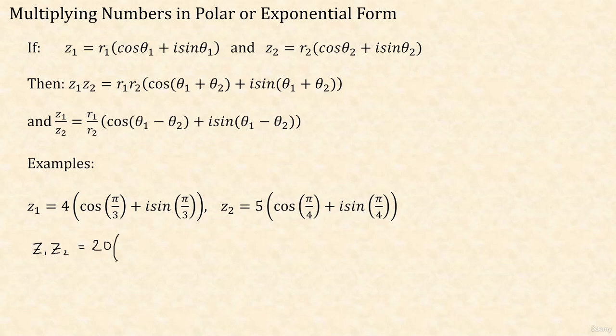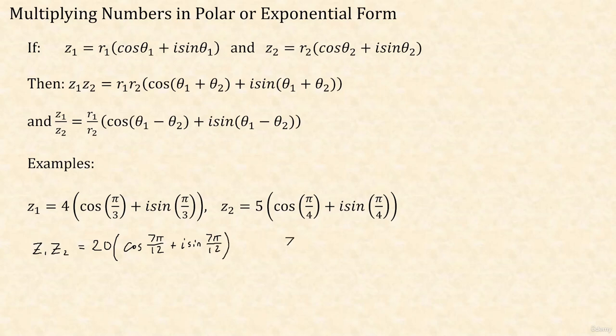And the new argument is simply going to be the sum of the arguments we had before. So that's pi over 3 and pi over 4. Now when you add pi over 3 and pi over 4, you get 7 pi over 12. So we get 20 times cos of 7 pi over 12 plus i sine 7 pi over 12.